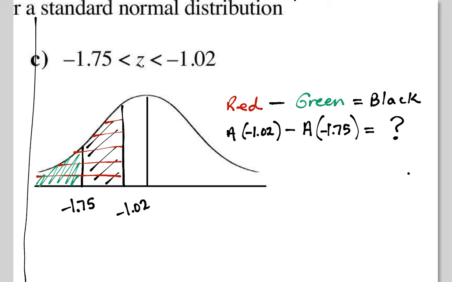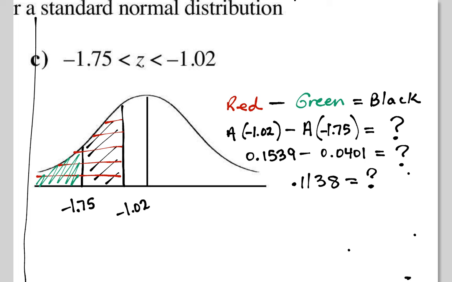So negative 1.02, and for the negative 1.75, so it's about 15%, take away 4% is about 11%. 0.1539, take away 0.0401, this is 0.1138. So the question mark is 0.1138, it's about 11%.